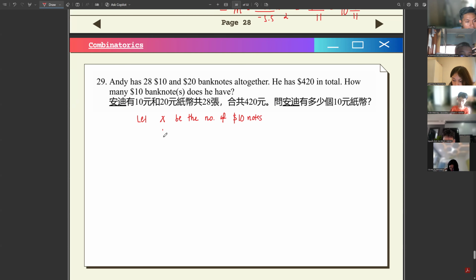And then let's use Y for the number of $20 banknotes. Okay? So that means, how can we make the first equation? There's 28 in total, right? So the number of $10 notes, which is X, plus the number of $20 notes, which is Y, is equal to 28. This is our equation 1.